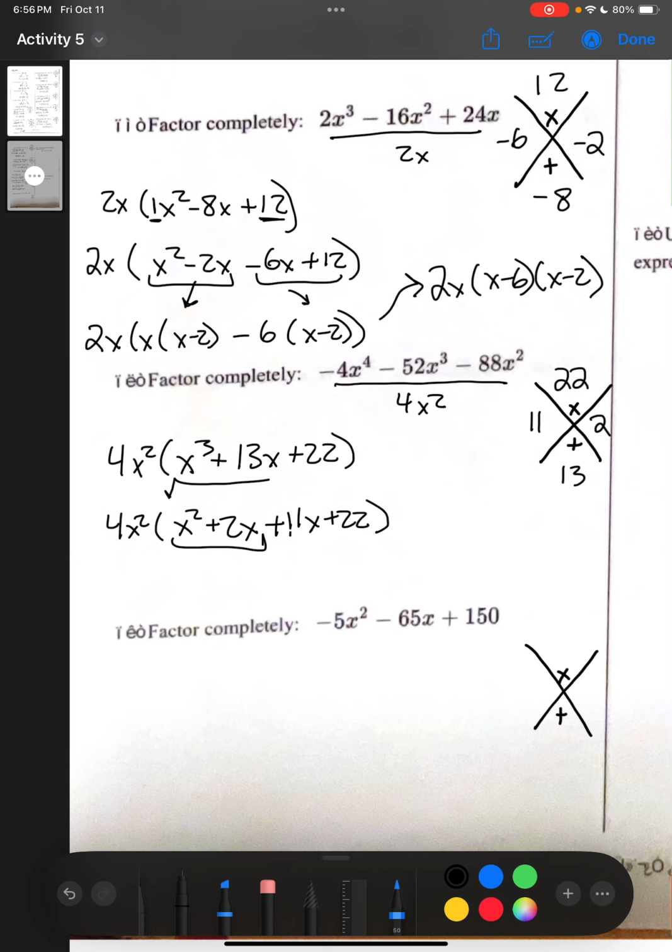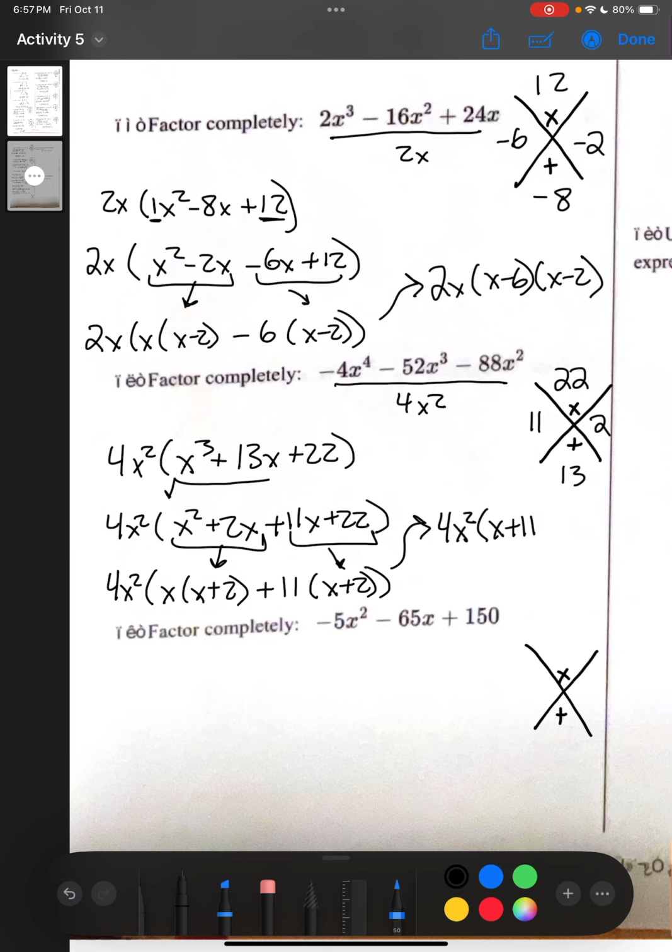Splitting these halves, we still have that 4x squared and drop that down. Take out an x, leaving x plus 2. Take out 11 on this side, leaving you x plus 2, which you should end at this factorization of 4x squared times x plus 11 times x plus 2.